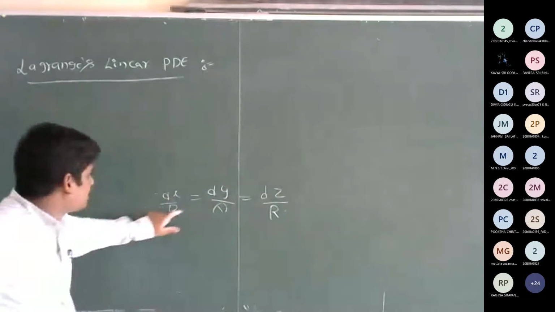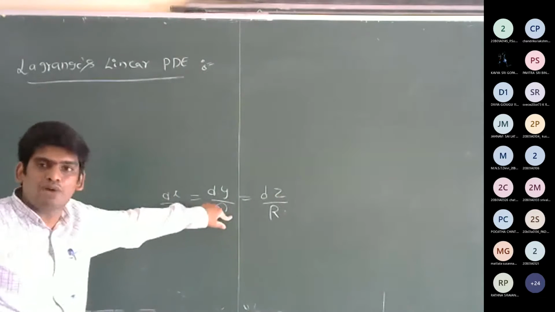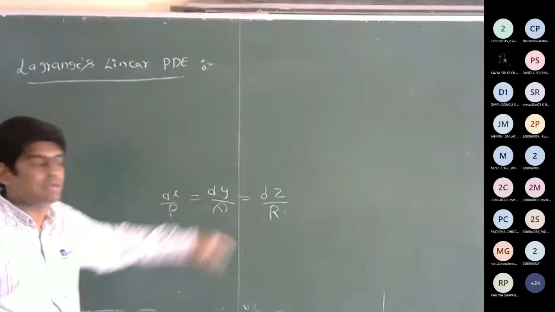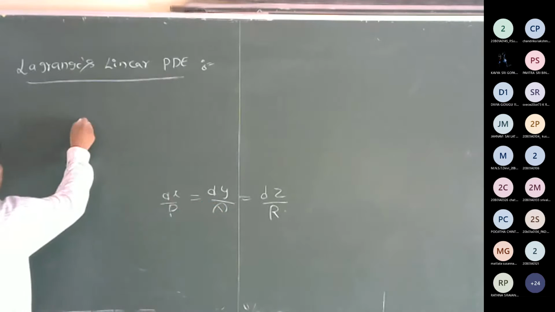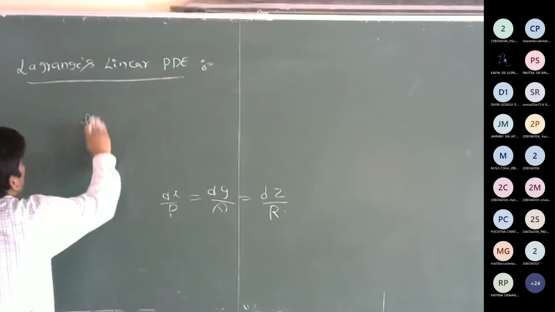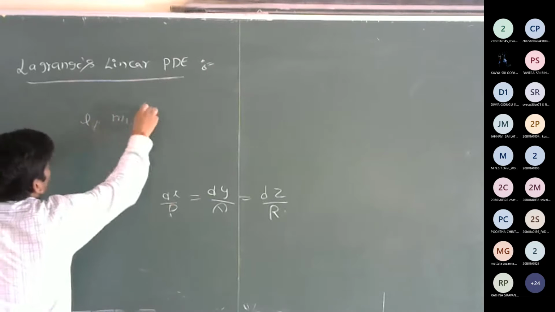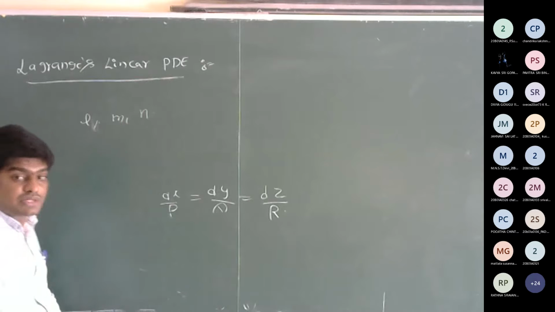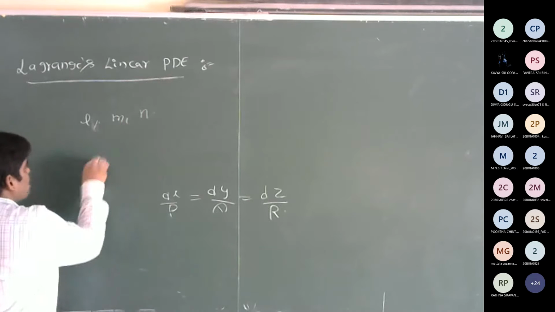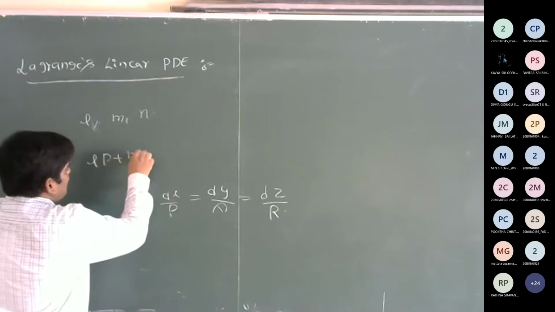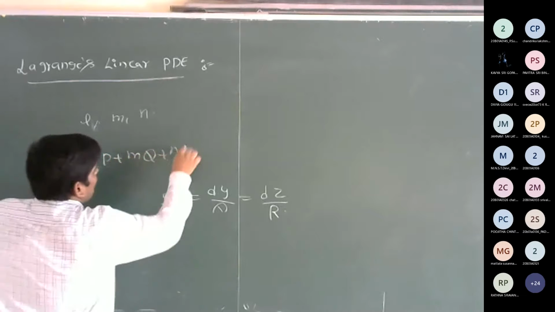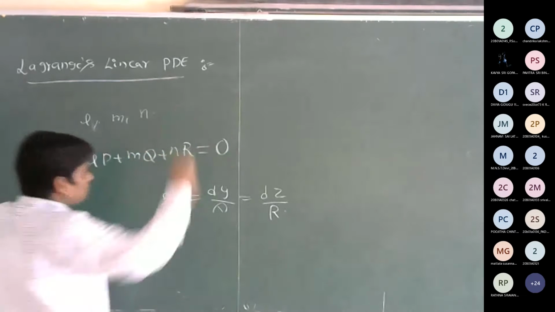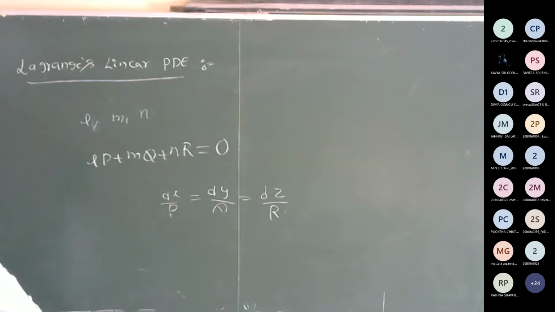This is the auxiliary equation; up to the auxiliary equation, both methods are the same. So we have to choose the multipliers l, m, n such that lP plus mQ plus nR must be equal to 0.